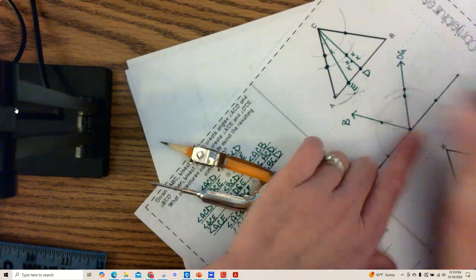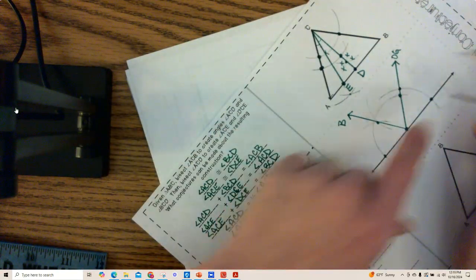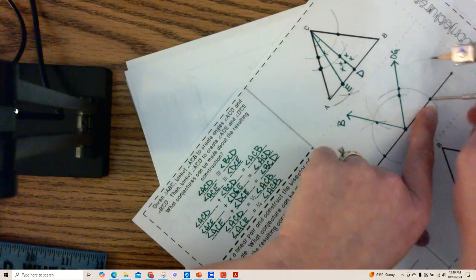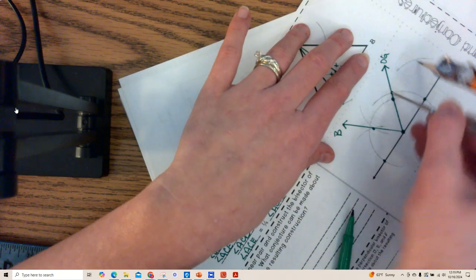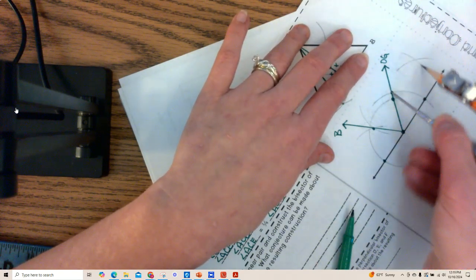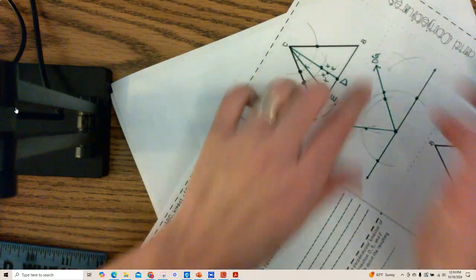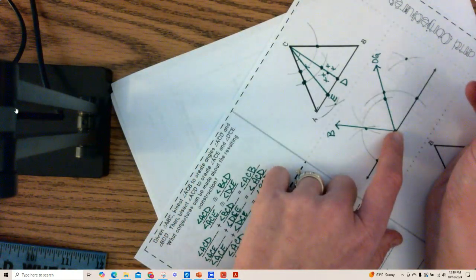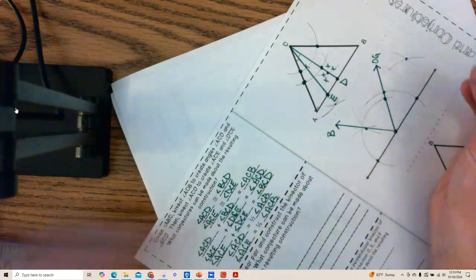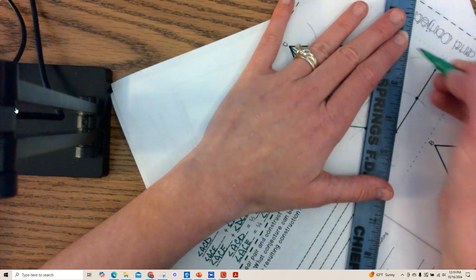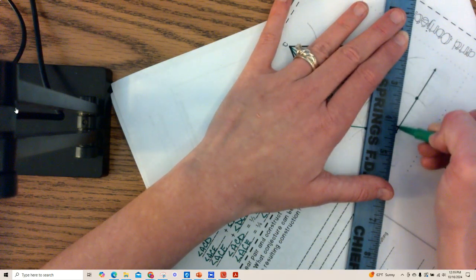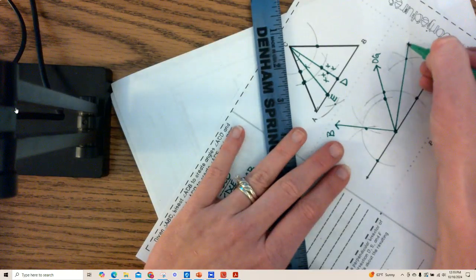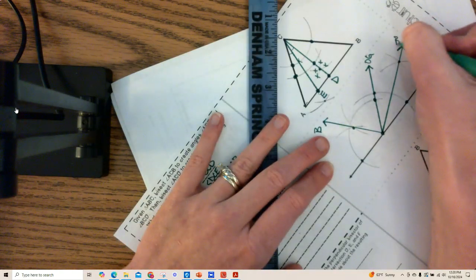And those two intersection points, move your compass to those intersection points and make arcs that will cross. And where they cross, that intersection, back to your original vertex. Okay, that's where this whole thing started. Connect the dots to that one. So that's a bisector too.